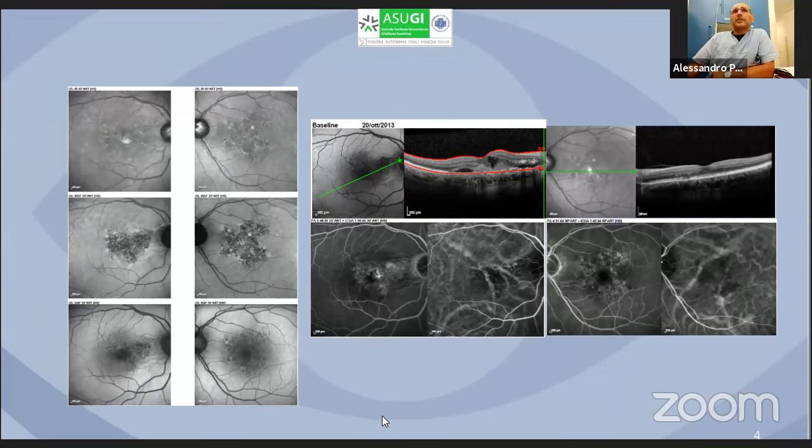And this was the assessment of a patient with chronic epitheliopathy, central serous retinopathy, complicated in the right eye by a CNV. This is the fluorangiography, the ICG, the blue light autofluorescence here, and this is the near infrared autofluorescence.